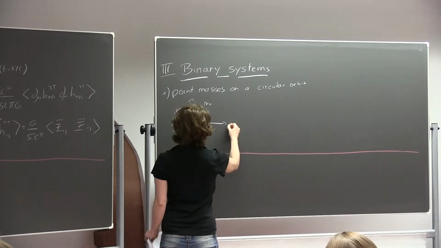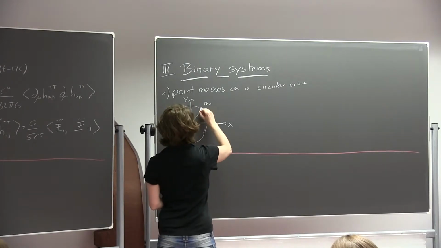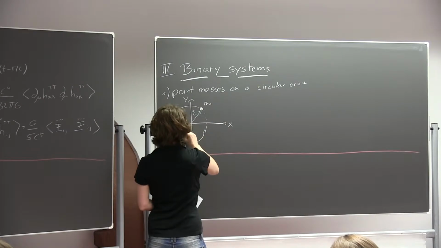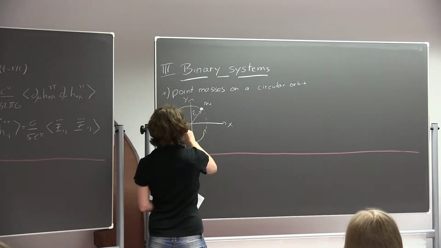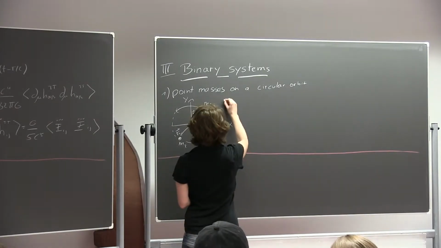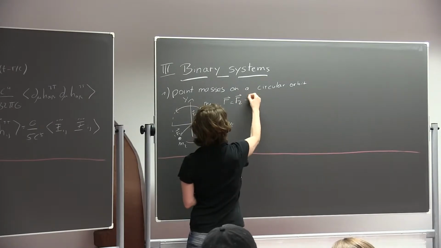We're going to place this in the xy plane. The positions of these masses are R1 and R2. And then what we'll also need is the relative vector in between. So R is R2 minus R1.